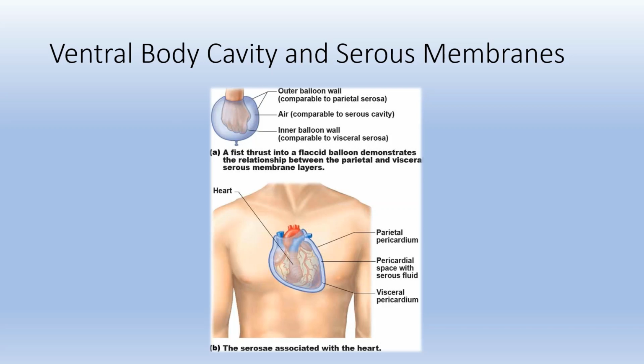It is adhered to the surface of the organ. That balloon folds over on itself, creating an outer layer or an outer wall. This resembles the part of the membrane that lines the body cavity wall, which we will call the parietal serosa.